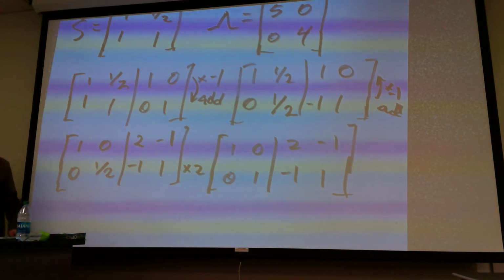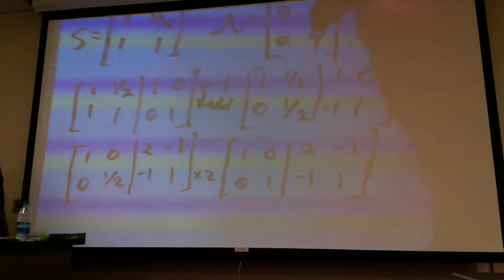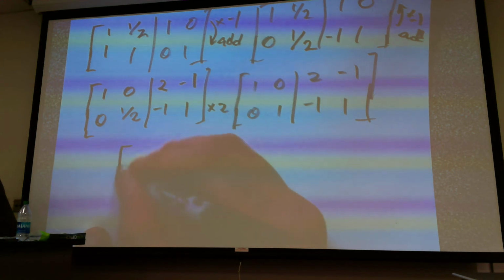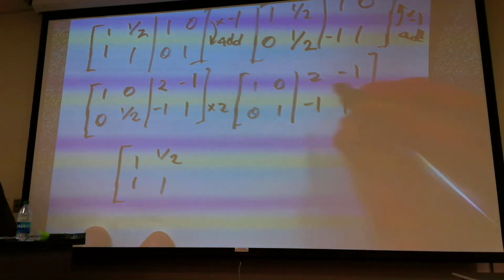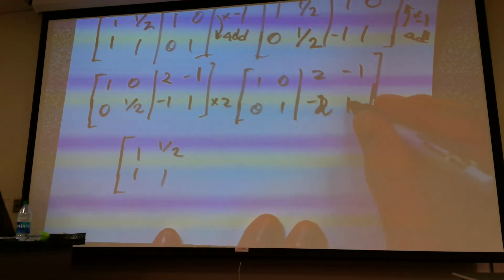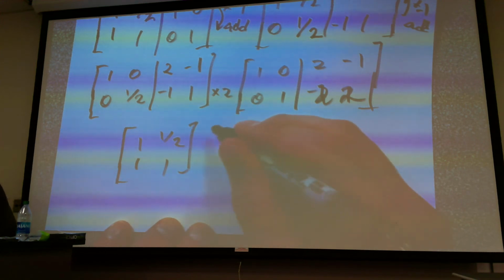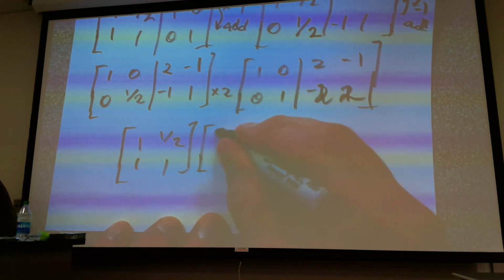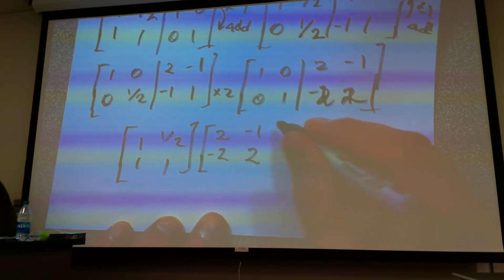Now before you go through the whole process of multiplying out S, the diagonal, and S inverse, it's a good idea to multiply S and S inverse first, to make sure they actually cancel each other out. So, 1, 1, 1/2, 1, acting upon 2, -2, -1, and 2.